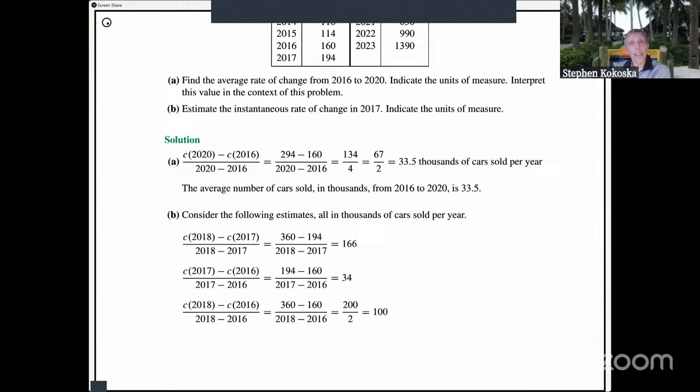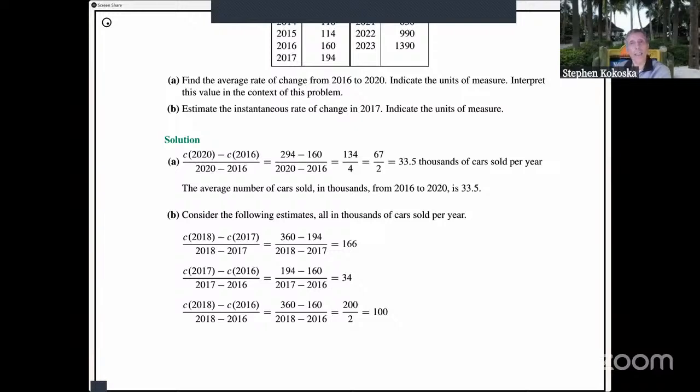So I did 3 separate intervals, and then I'm going to give you another suggestion perhaps for a fourth one. The first thing I did was I fixed my 2017 and I went a little bit to the right. So I went C of 2018 minus C of 2017 divided by, well, that difference is 1.